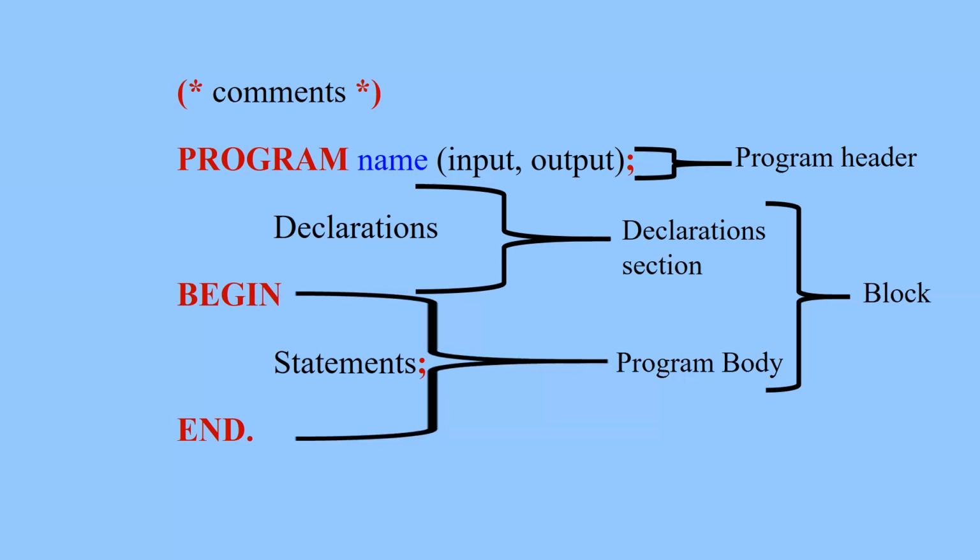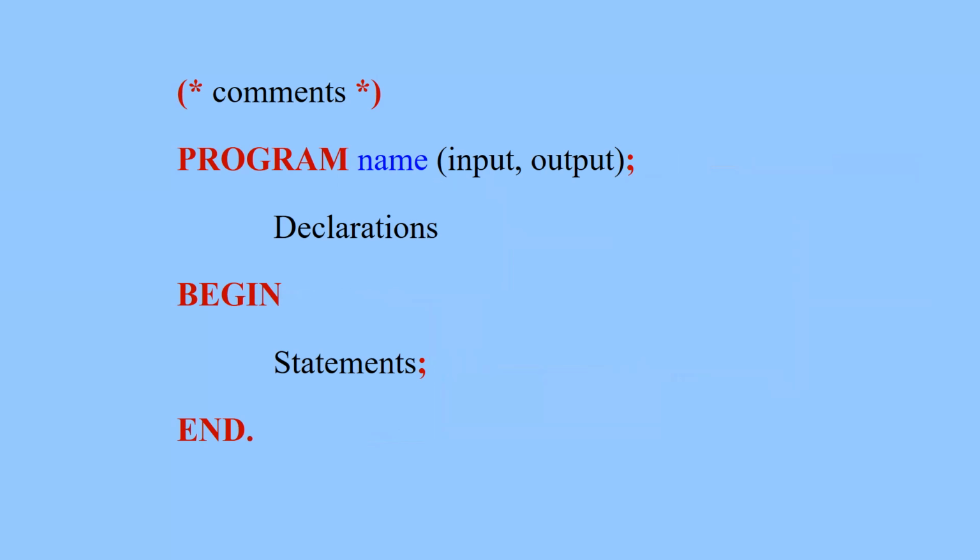My dear students and the rest of the learners, I repeat. Number one, every program in Pascal should adhere to this format. The keyword program, the name, then the optional input, output part, semicolon. Then you declare your variables.